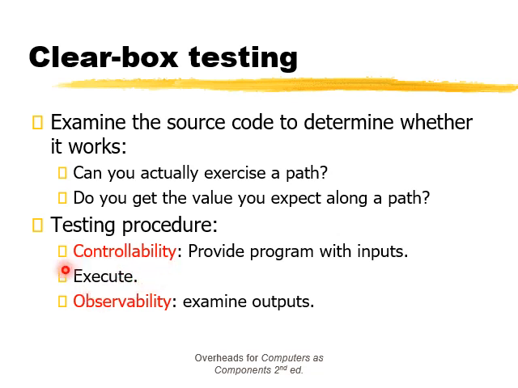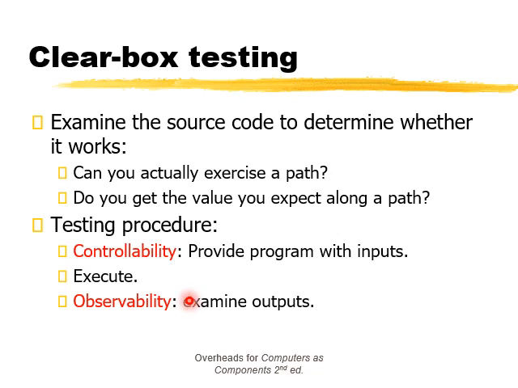Once we execute our program, we can examine the output. In controllability, we provide the program with inputs, then execute it, and then observe the output. So it means that we are examining the source code.